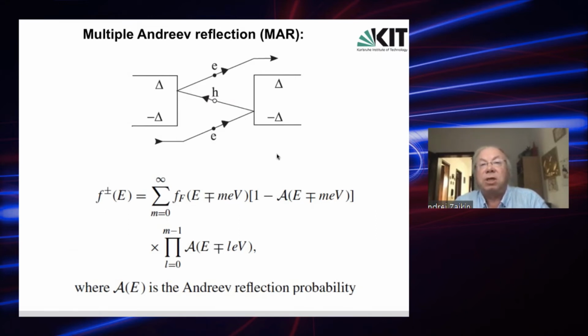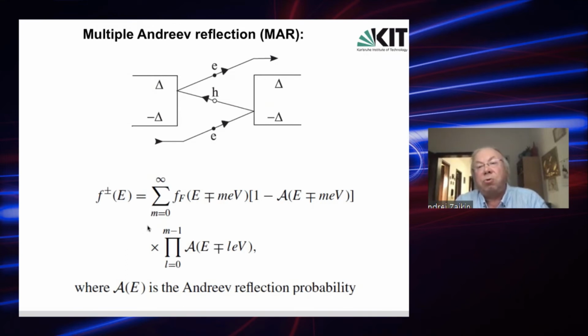So you have successive Andreev reflections here and here, and then you accelerate your quasi-particle, and then eventually it leaves the junction. And so no matter how small the voltage which you apply is, the distribution function inside your junction becomes very non-equilibrium.